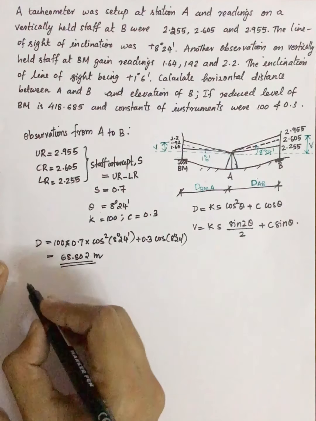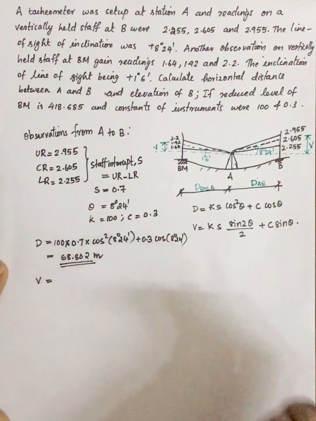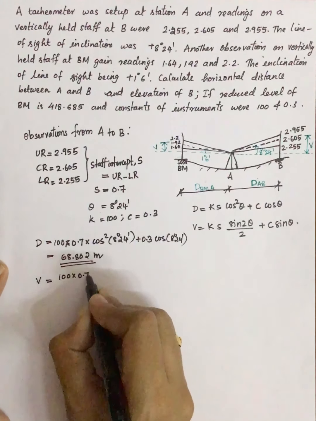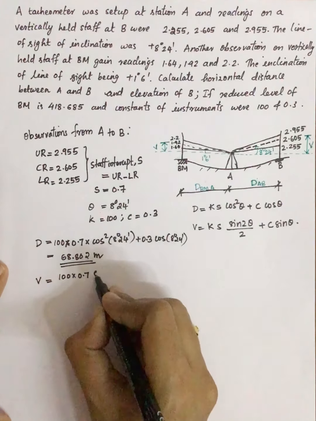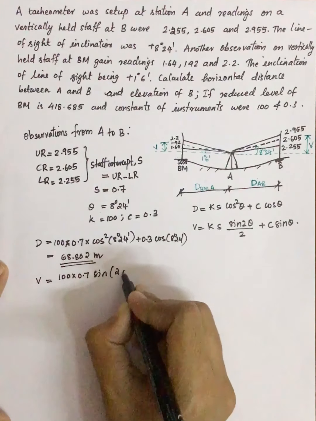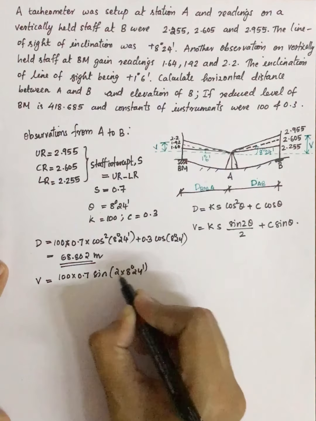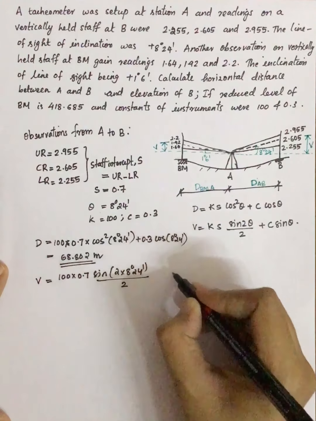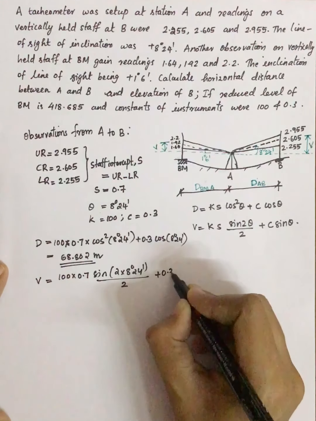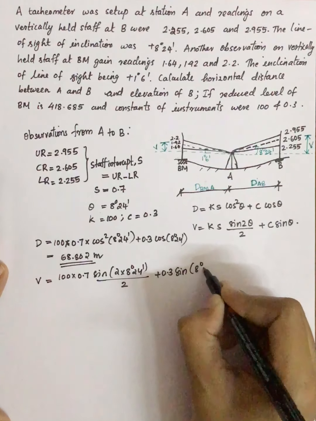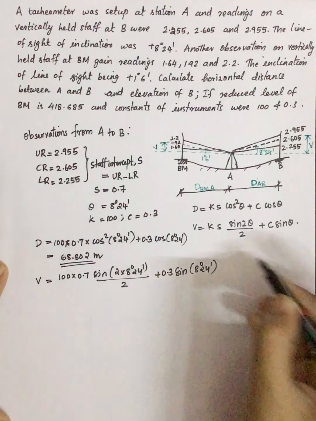Okay, similarly, you can substitute the values in the equation V. K is 100 into S is 0.7 sine 2 into 8 degree 24 minutes by 2 plus C sine 8 degree 24 minutes.